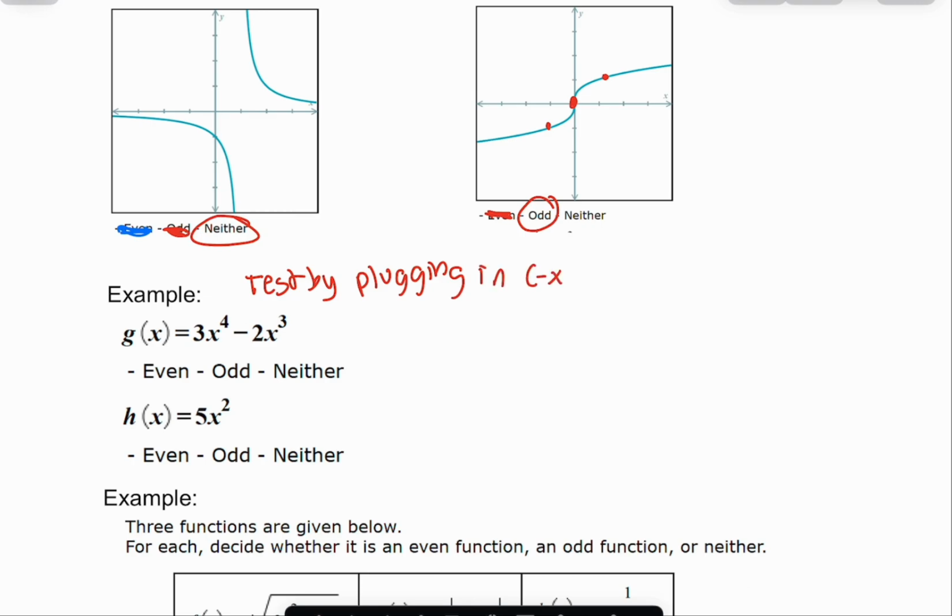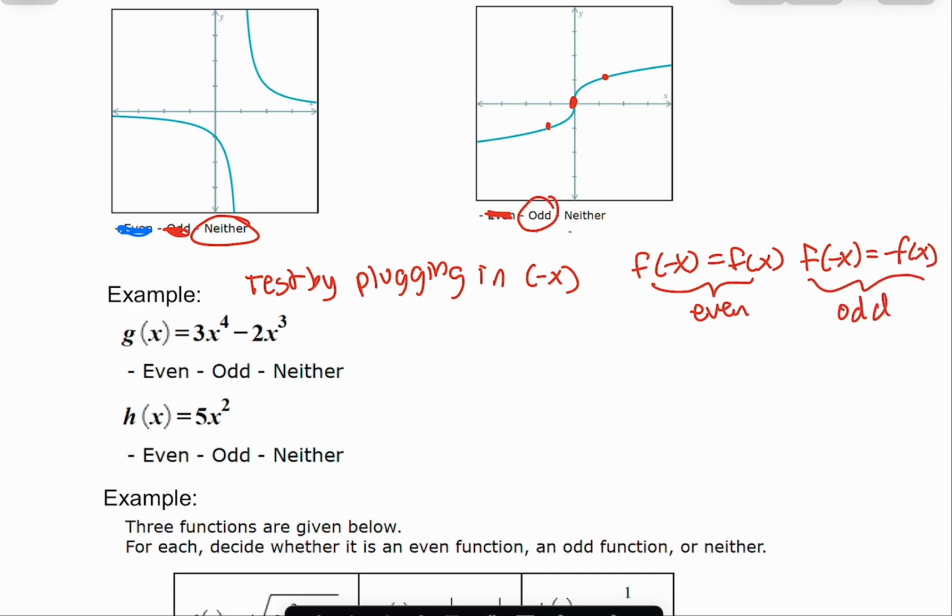If when we plug in negative x, it goes right back to its original thing, that tells me it's even. If I plug in negative x and it becomes the opposite of what we started with, that tells me it is odd. And if some pieces change and some pieces don't, it's neither of those things.